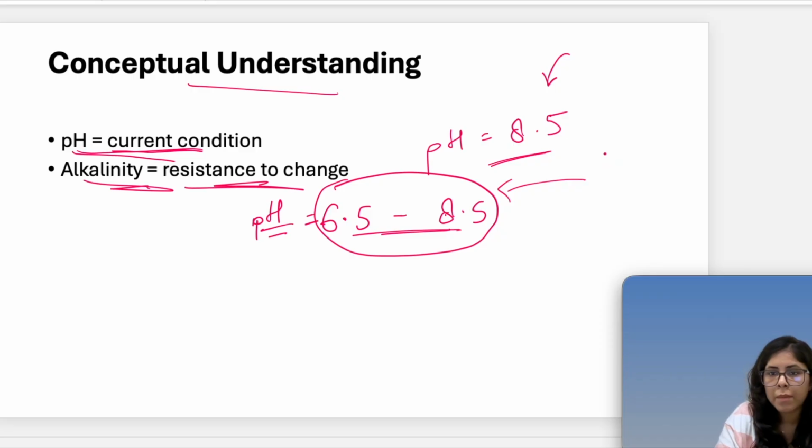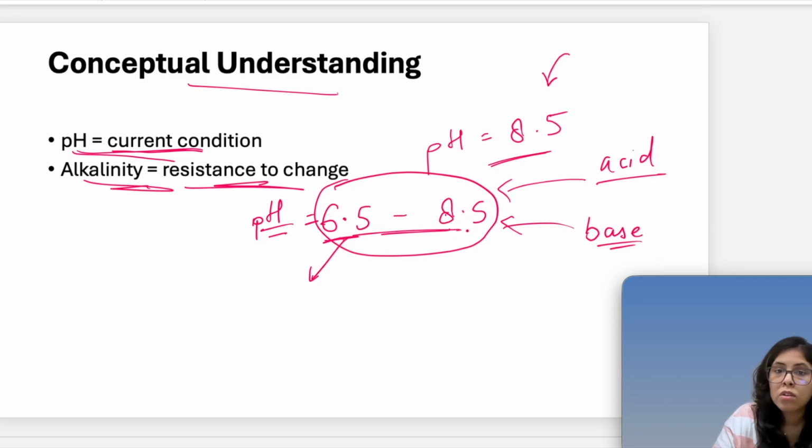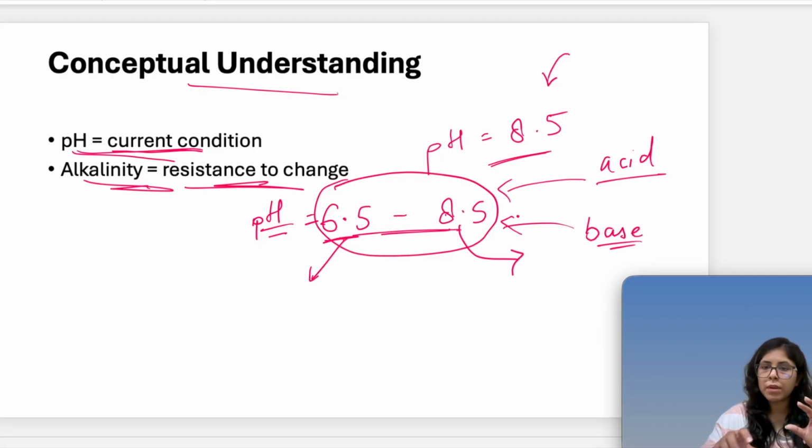For example, if you add a bit of acid, the pH will not fall below 6.5. Up to some extent it will try to neutralize that, and even if you add base, the pH will not increase beyond 8.5, up to some extent. If you are adding a large amount of acid or base, it will definitely change, but to some extent the natural water tries to keep its pH between 6.5 and 8.5.